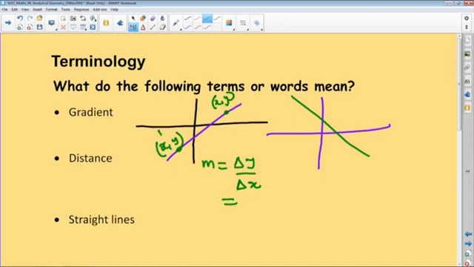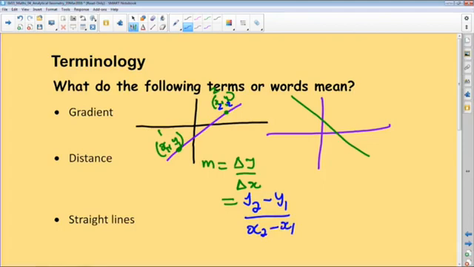This is set 1, that's set 2. Then this is x1, y1, and that will be your x2, y2. The change in y, as a reminder from last year, is y2 minus y1 over x2 minus x1. So that's how you work out your gradient.